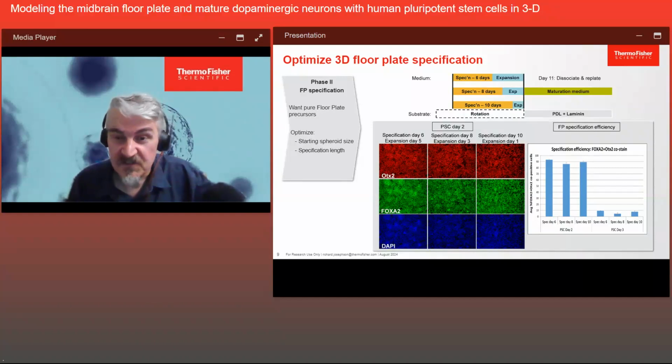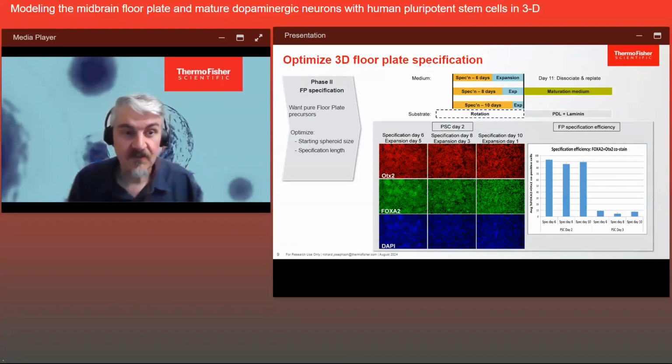Meanwhile, the larger spheres at day 3 after passage showed a significant drop in the floor plate specification efficiency, telling you that initial spheroid diameter is extremely important in responding to these induction cues. For the smaller 2-day spheroids, that 6-day specification turned out to be just as efficient as a 10-day specification as laid out in the original 2D protocol.